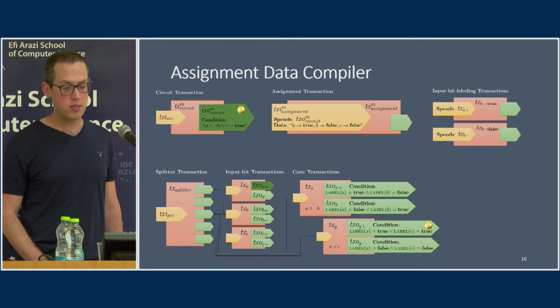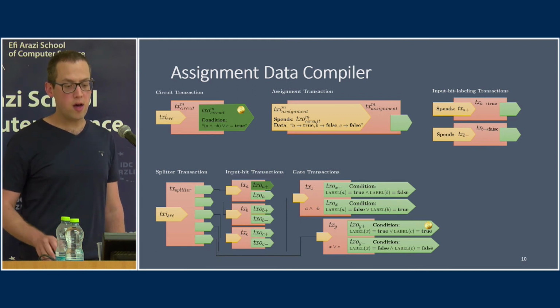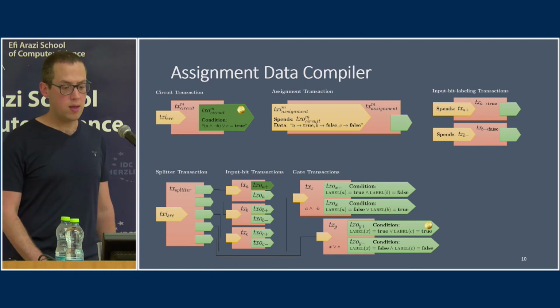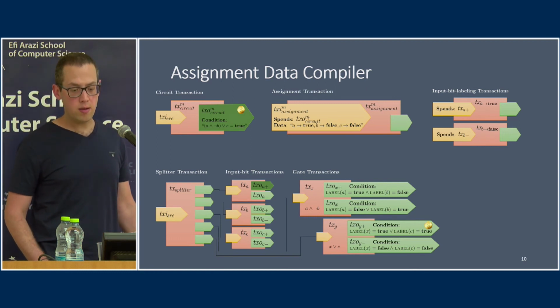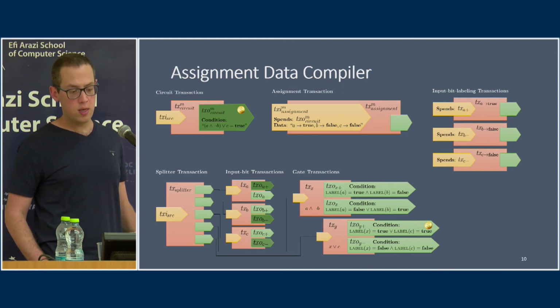Next, we have a transaction that spends the negative output of transaction B, labeling it as false. And finally, we have another transaction for C that spends the negative output, labeling it as false.